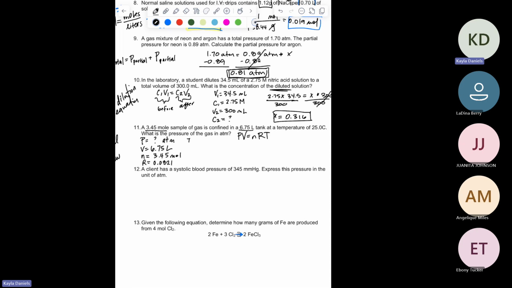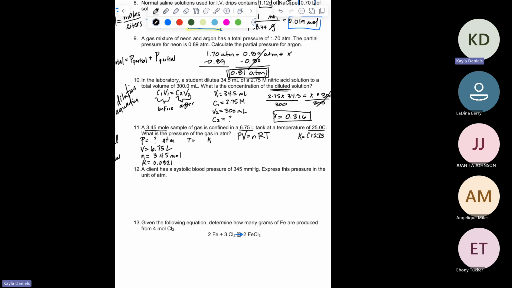T is temperature. The thing is, temperature has to be in Kelvin for this equation, and they give us temperature in Celsius. So just like some of these other problems, we have to convert first before we can plug it into the equation. So a reminder, Kelvin is Celsius plus 273.